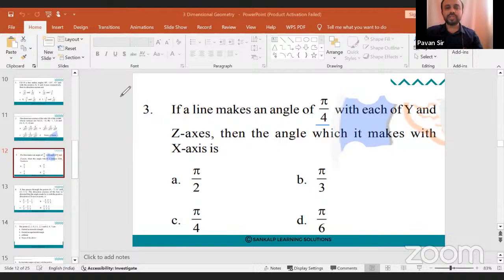Vedavati has given the option A as the answer. So consider the angle is making alpha angle with the x-axis.